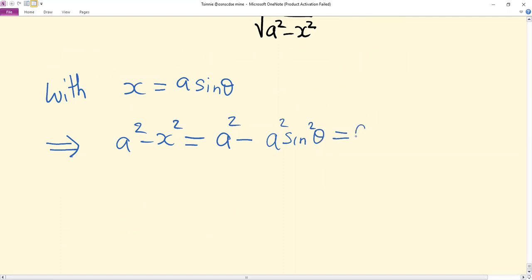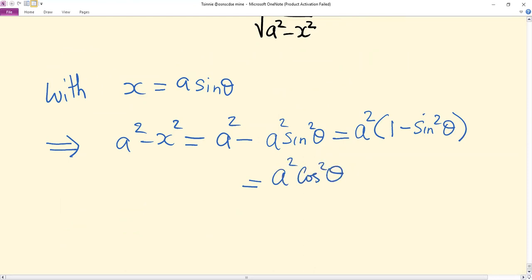You factor out a squared, so it will be a squared into 1 minus sine squared theta. And by definition, 1 minus sine squared is cosine squared theta.